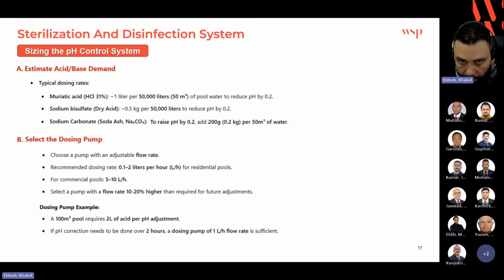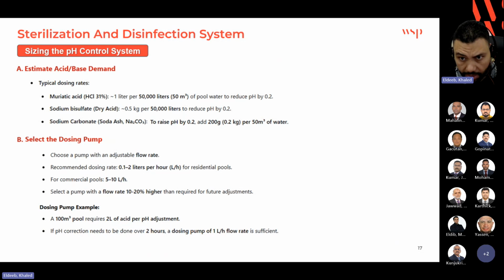If we need to reduce the pH, we can use muriatic acid. If we need to reduce the pH, we can also use sodium bisulfate. If we need to increase the pH, we can use sodium carbonate. We call it soda ash. So for every action, we have a single chemical to be used in order to achieve the job.